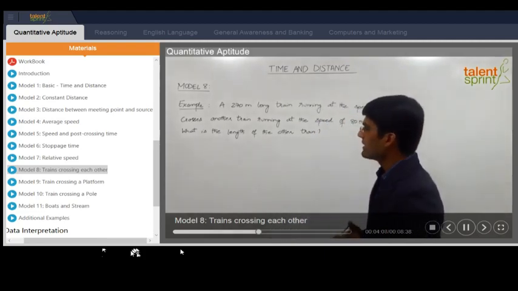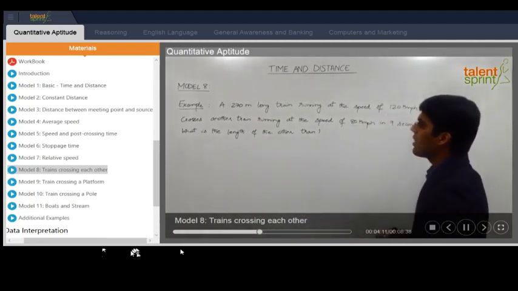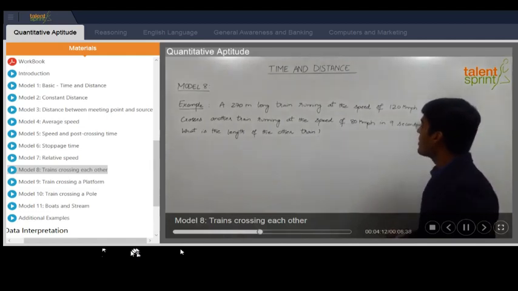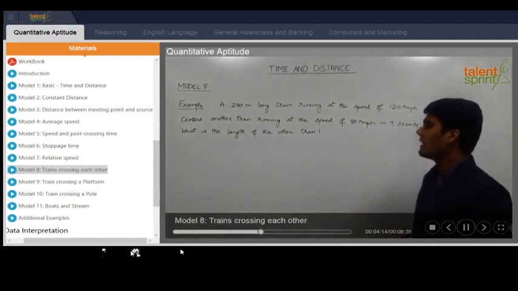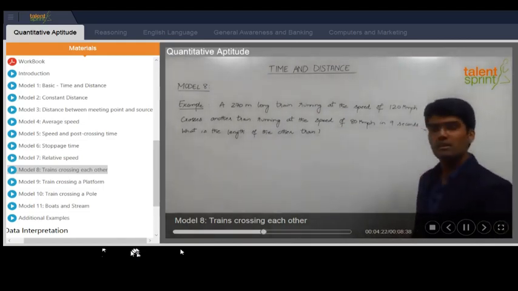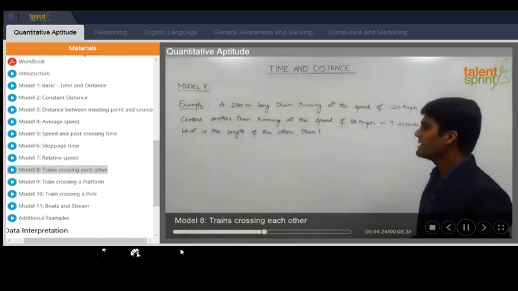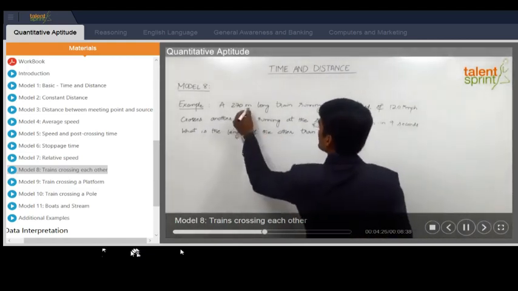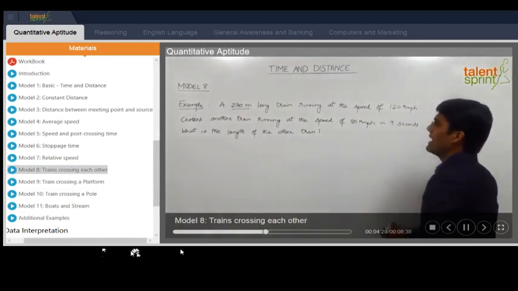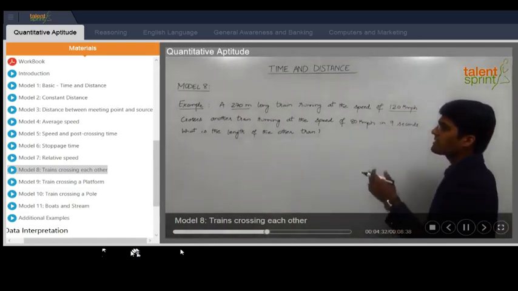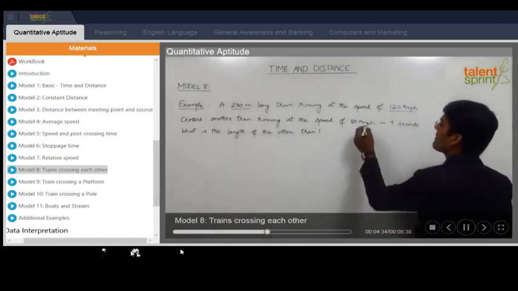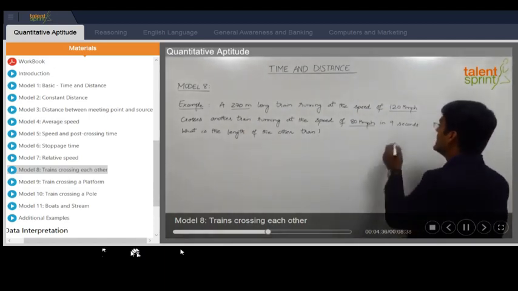The question here is, a 270 meter long train running at the speed of 120 kilometers per hour crosses another train running at the speed of 80 kilometers per hour in 9 seconds. What is the length of the other train? So as you can see here, the length of the first train is 270 meters and it is running at the speed of 120 kilometers per hour, and it crosses another train running at the speed of 80 kilometers per hour in 9 seconds.